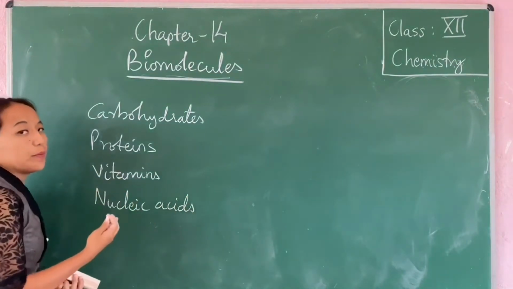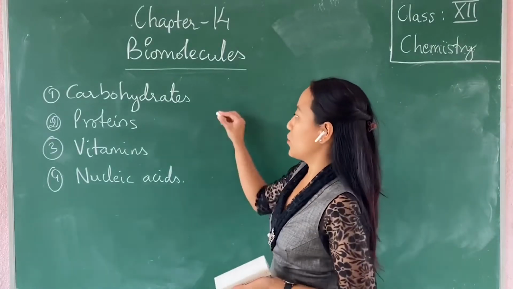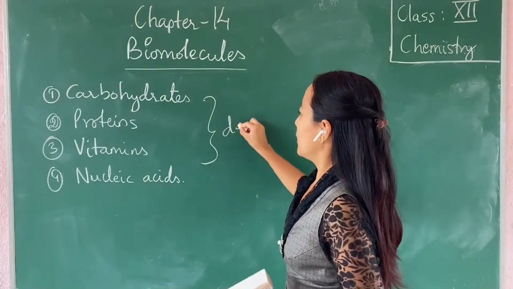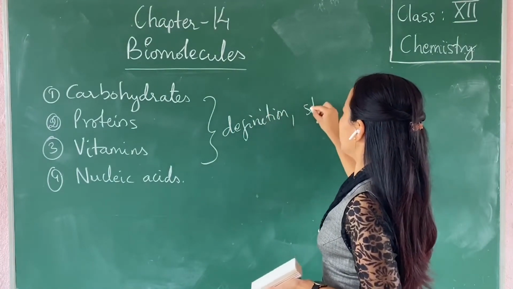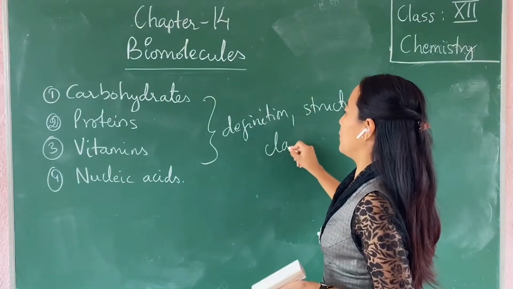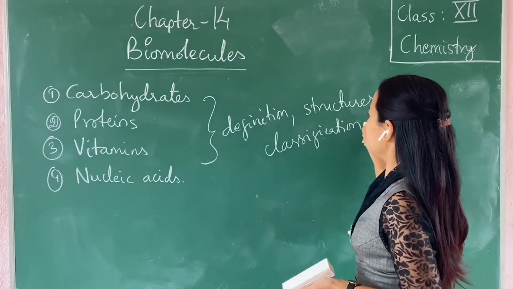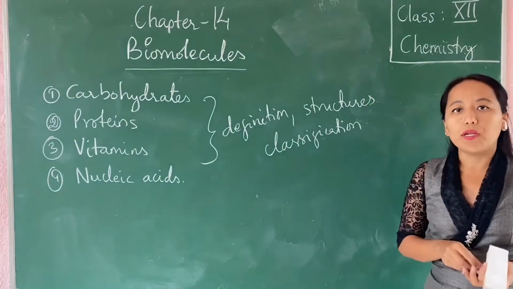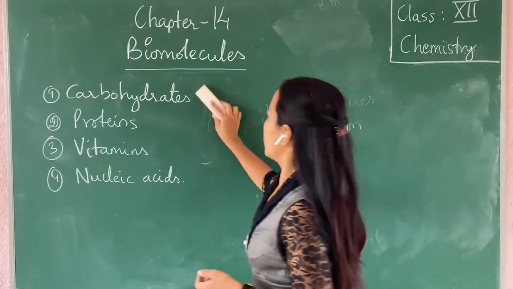So we'll be going one by one, and in each of these cases we are going to study their definition, their structure, and their classification. So we'll go one by one now. Let's begin with the first, carbohydrates.